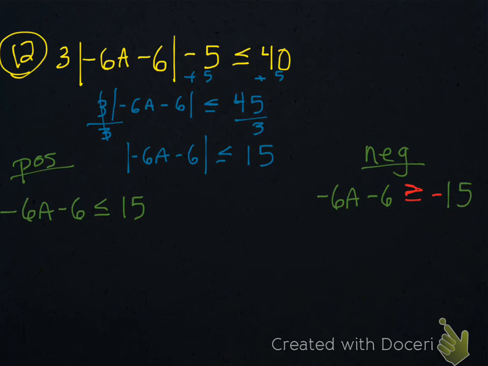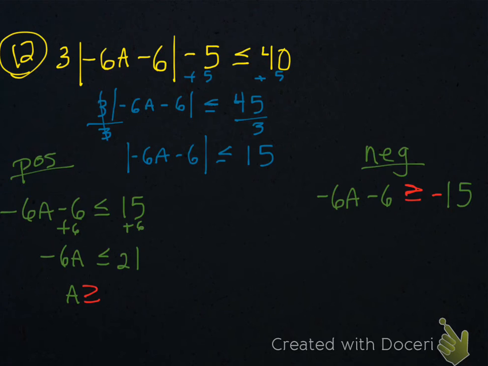Okay, now we actually got to go through and solve it. So we're going to add 6 to both sides. So I got -6a less than or equal to 21. I'm going to have to divide by -6. That's going to switch that inequality symbol back in the opposite direction. Okay, so now I'm going to have a greater than or equal to over here.